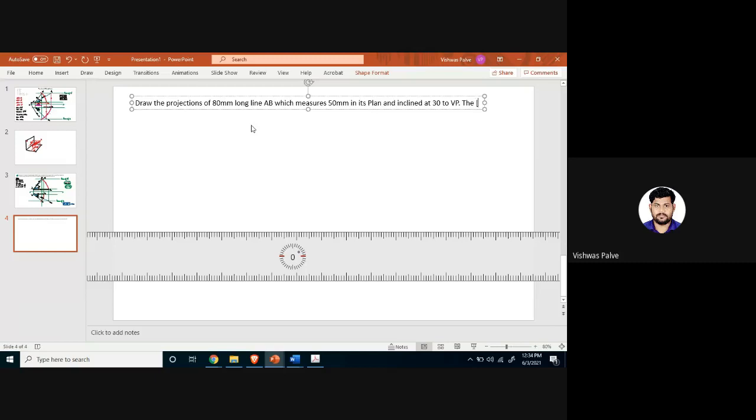The point A is 10 mm above HP and 20 mm in front of VP.